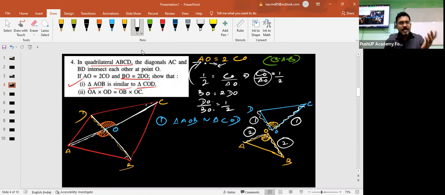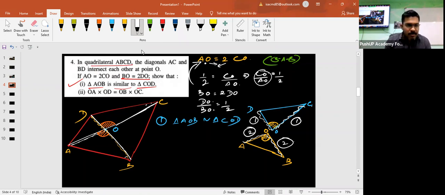Right. So if you notice, the ratios of the two corresponding sides are equal in these two triangles, isn't it? DO upon OB is 1/2 and CO upon OA is equal to 1/2, and the included angles are equal. Are you able to recollect, children, what I taught you before? The ratios of the two corresponding sides are equal, and the included angle in both the triangles is also equal. In that case, we can say the given two triangles are similar to each other.